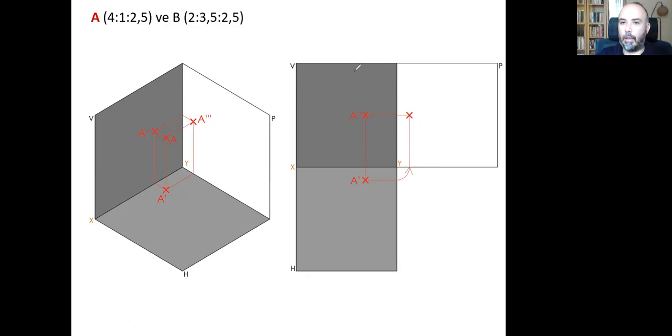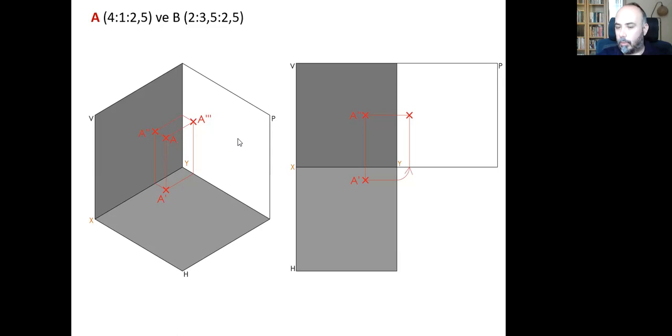In order to do that, I need two pieces of information, again, level and interval. The distance between point A and the vertical projection plane, the interval, which is 1, and the perpendicular distance between point A and the horizontal projection plane, which is the level, the 4.